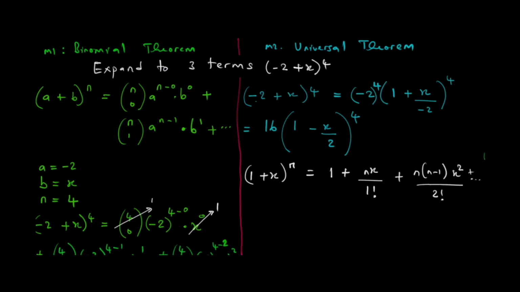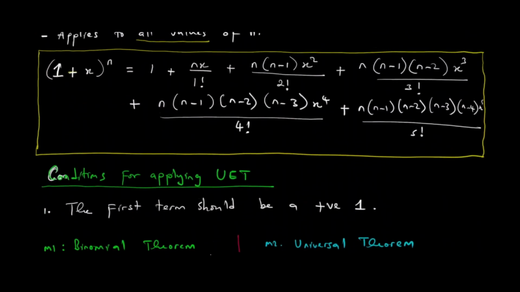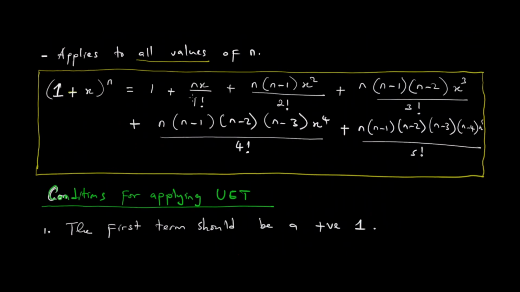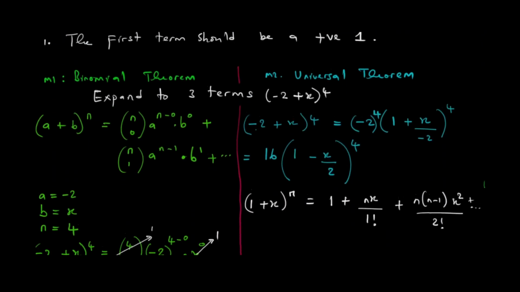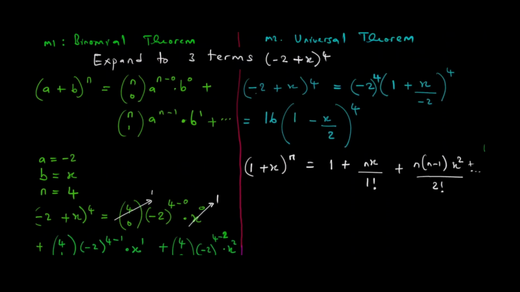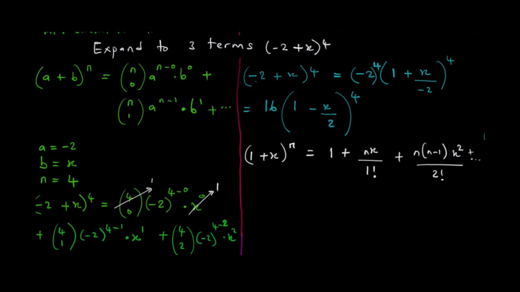That is what we wrote up there, I believe you have it copied in your notes. Now when we want to apply it here, we say 16 times bracket 1 minus x over 2 to the power 4.